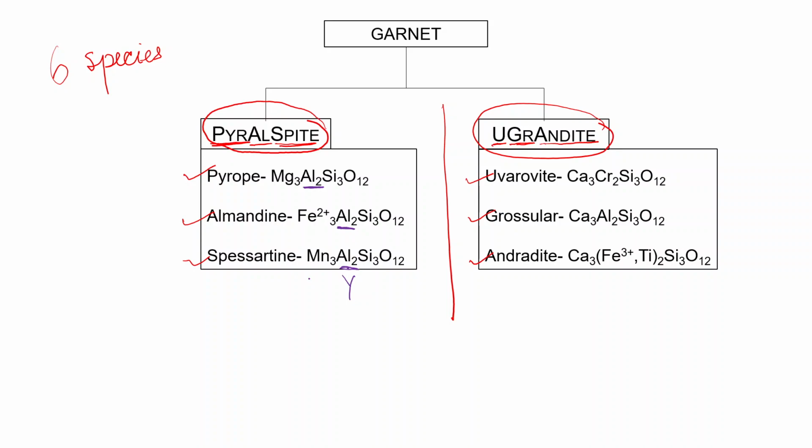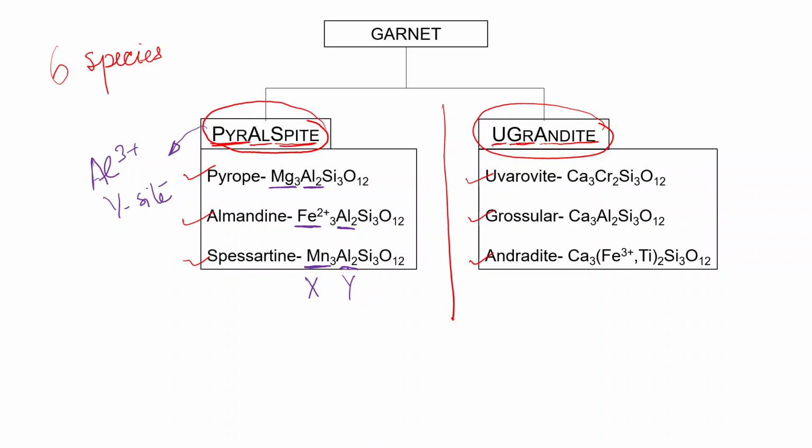The X site in pyrope is magnesium, almandine is ferrous iron, and spessartine is manganese. So you have to remember that pyralspite is the group of garnets which has the trivalent cation aluminium sitting in the Y site. Pyrope is a magnesium bearing garnet, almandine is ferrous, and spessartine is manganese.